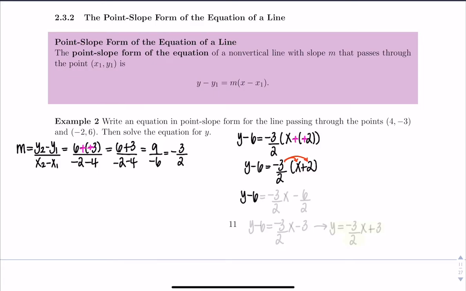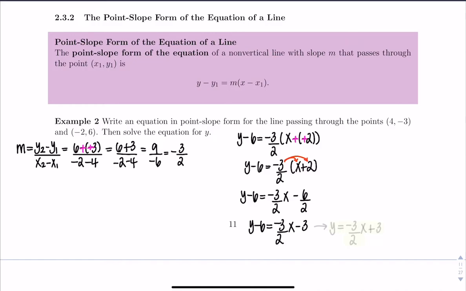So y minus 6 equals negative 3/2 x minus 6 over 2. But this is just y minus 6 equals negative 3/2 x minus 3.